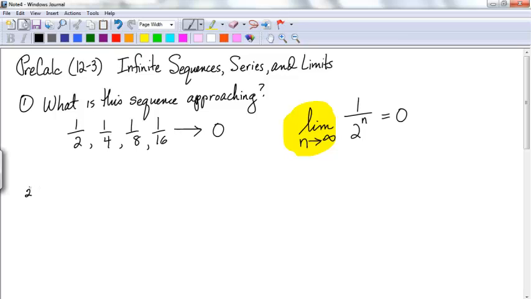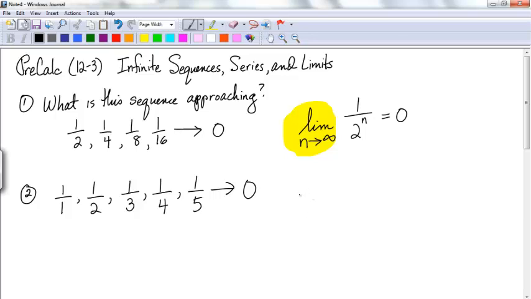Look at another. What is this one approaching? Same directions. 1/1, 1/2, 1/3, 1/4, 1/5. What's it getting closer and closer to? 0. But it won't ever reach 0.